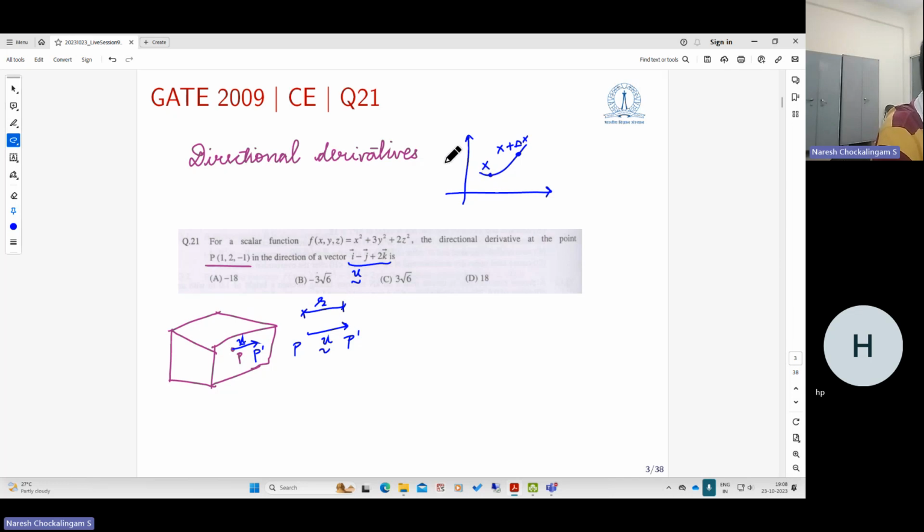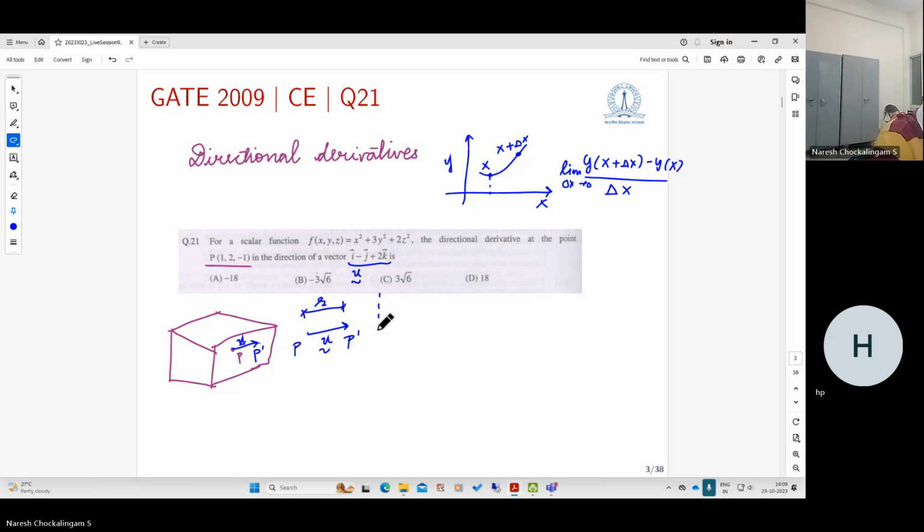The derivative of y equals f of x at the point x is defined as the limit of the difference in y as you go from x by delta x, divided by the infinitesimal value delta x, in the limit delta x tending to 0. It is the same thing, just not in one dimension: you have a direction specified, which is u.